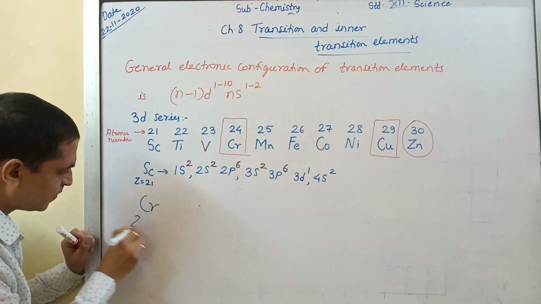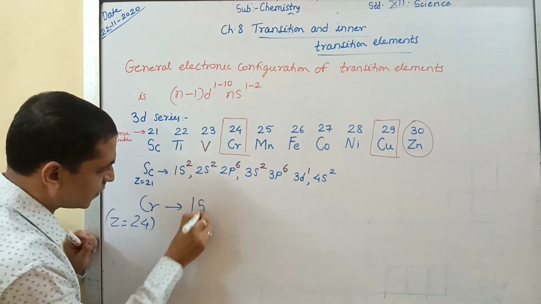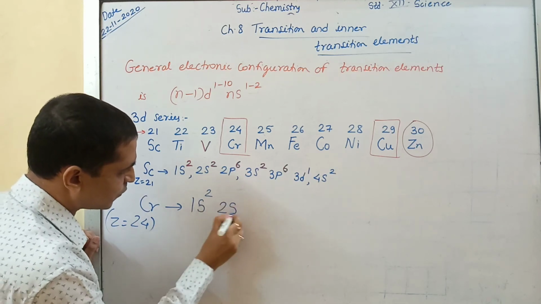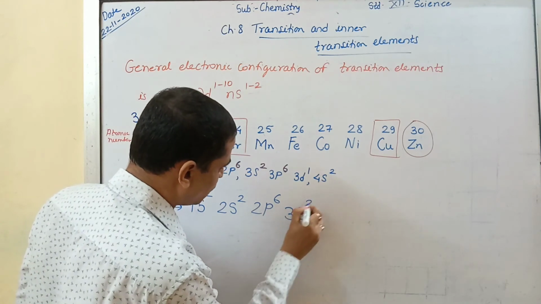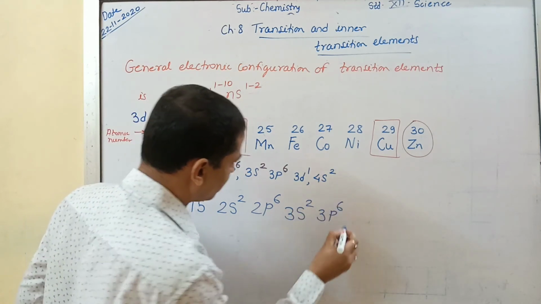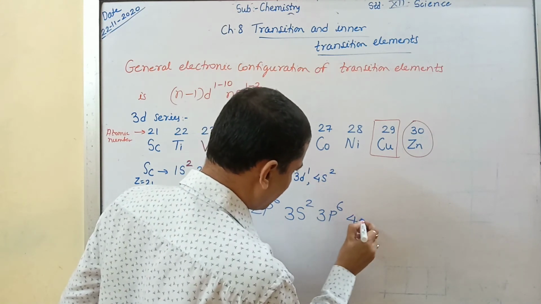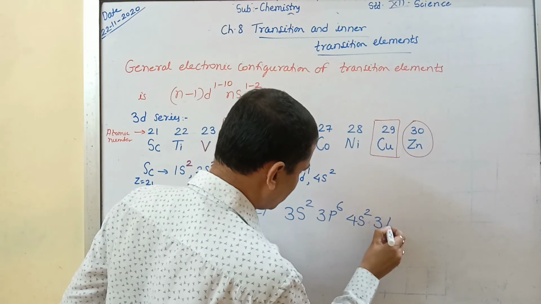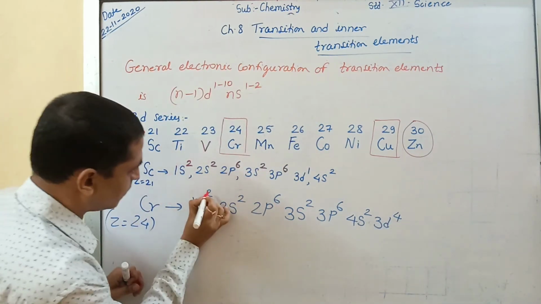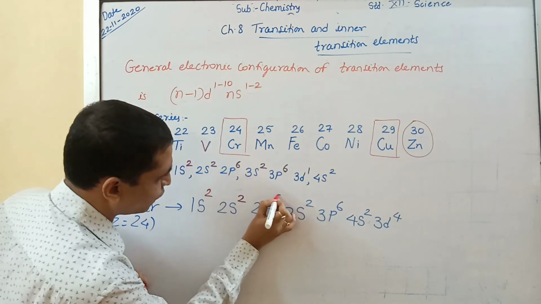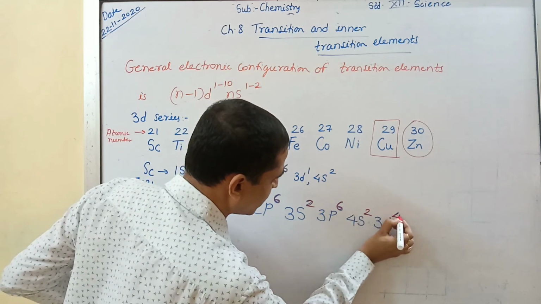See, chromium, Z is equal to what? 24. It is 1s2, 2s2, 2p6, 3s2, 3p6. Here you get 4s2, 3d4. Count the numbers: 2, 2, 4, 6, 12, 18, 20, 24.